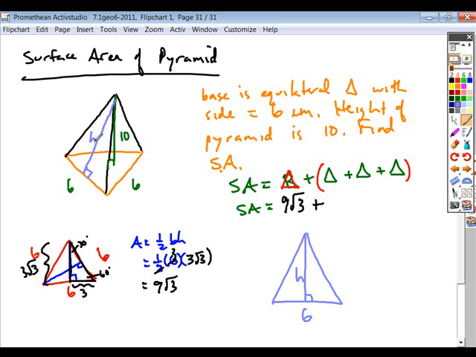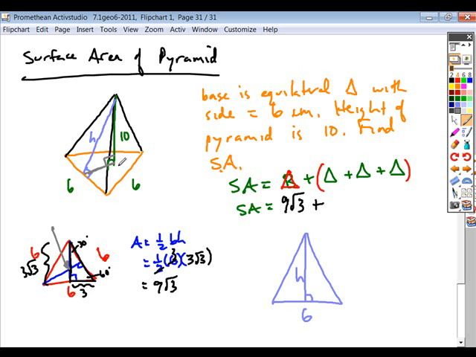In order for us to find h, we need to rely on the fact that if we connect these, we form a right triangle. So we have a height of our solid at 10. That's also the leg of this reference triangle here. We have this distance from the center of our base to this endpoint.